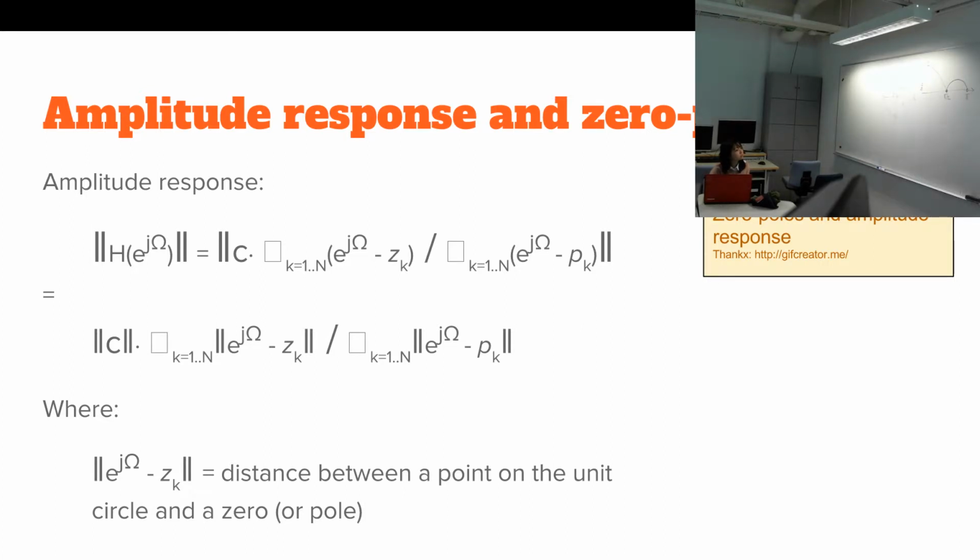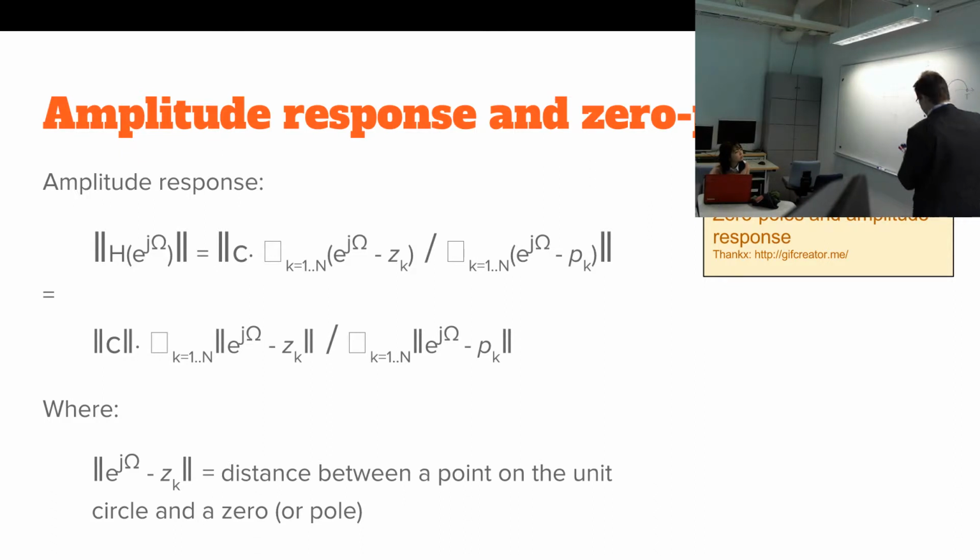When you look at this form, and especially, let me put H(e^jω) equals that sum form B0 divided by A0, okay, and then we have the product of e^jω minus Zk over e^jω minus Pk.